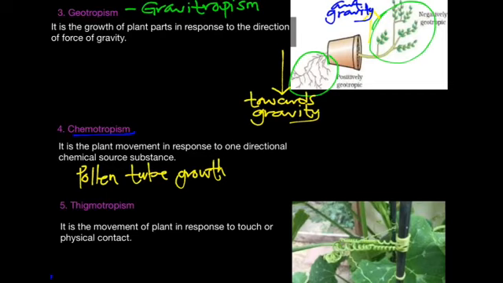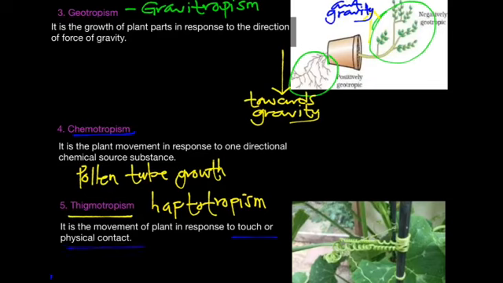And the last one here is sigmotropism. Sigmotropism can also be referred to as haptotropism. Now, this one is the movement of plants in response to touch or physical contact.